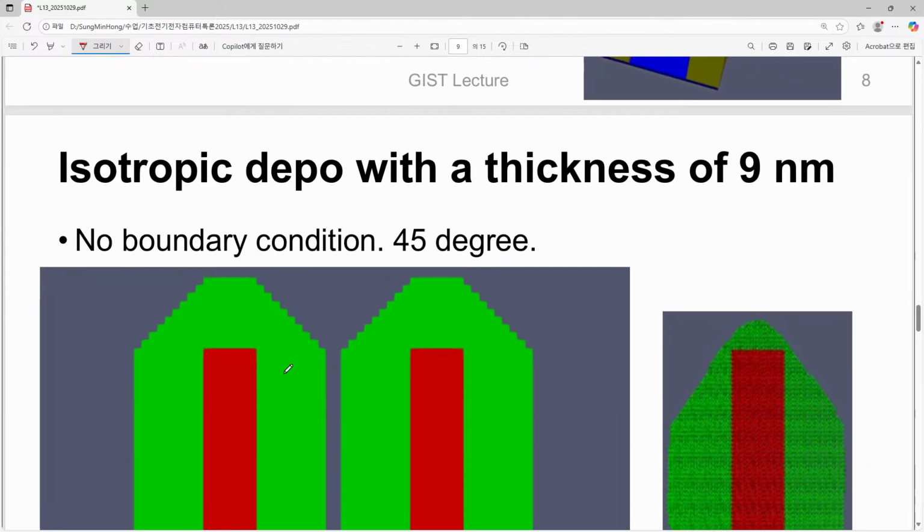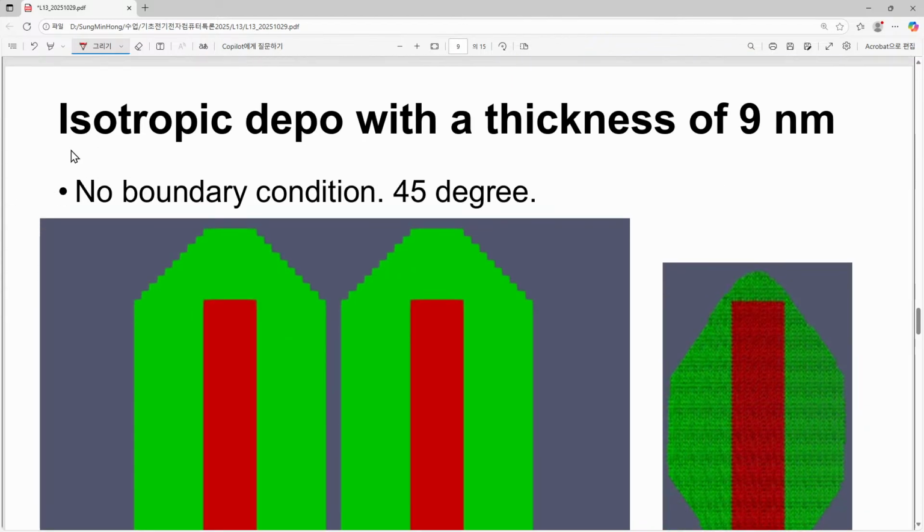Okay, so then first try our previous isotropic deposition command. So you can see that now you can do it quite well, depo and iso and something.